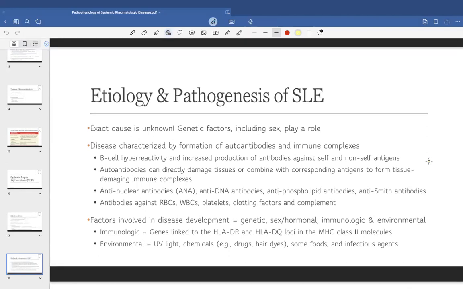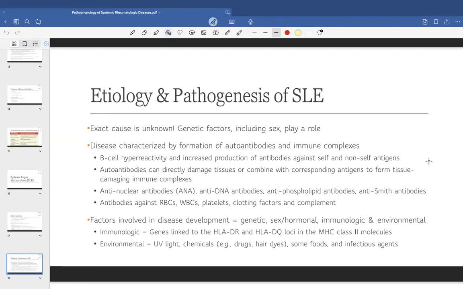You know, B cells are responsible for antibody production. B cells become your plasma cells, produce your immunoglobulins. So it's just kind of haywire, out of control antibody production. And depending on how prominent it is and how many antigens it targets is going to determine how your patient is affected.